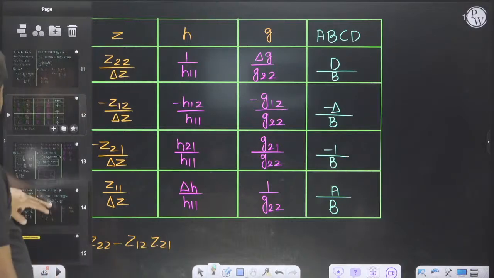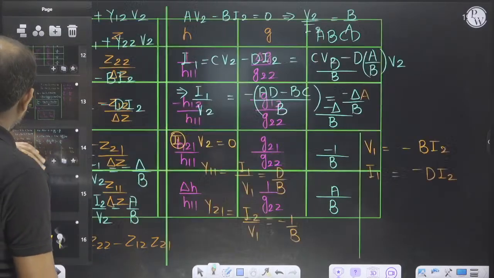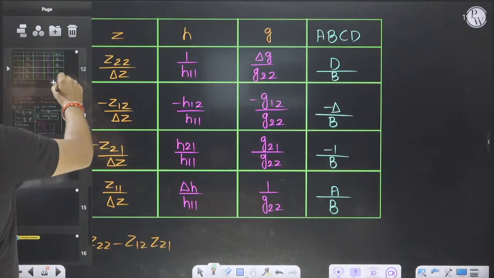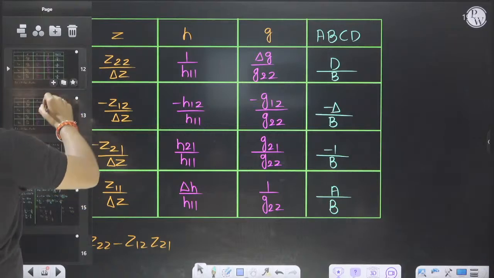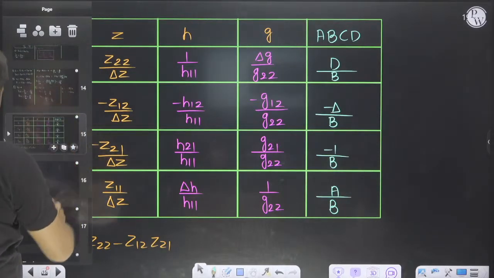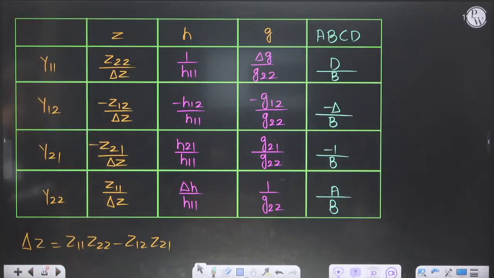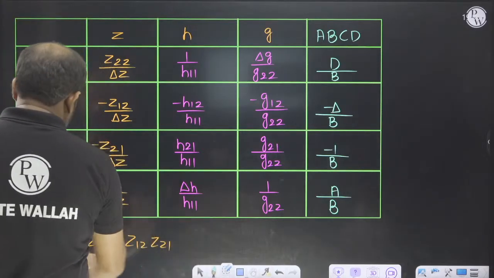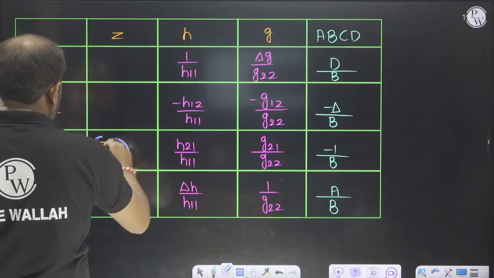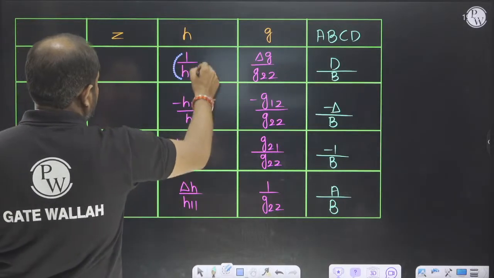So these are the points you should remember, and you have to do it like that. Okay. Then we have the H parameter in terms of Y and Z, in terms of G parameter. So I will find out the H parameter.